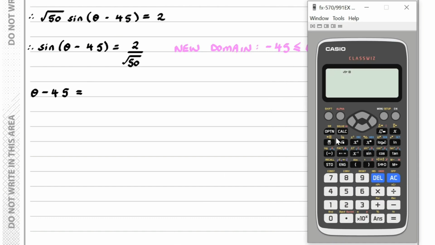So I've got the inverse sine of 2 over root 50, which is 16.429.